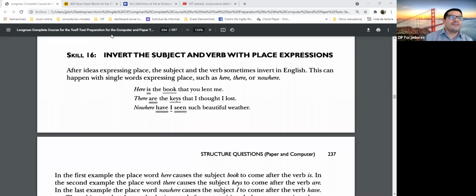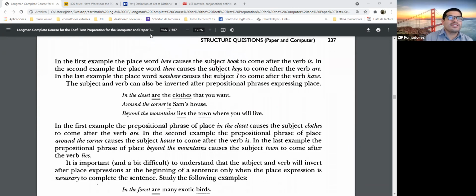Also, when we have prepositional phrases that start the sentence, like around, in, beyond, they have to be place prepositional phrases: in the closet, around the corner, beyond the mountains. Okay, these are places: closet, corner, mountains.